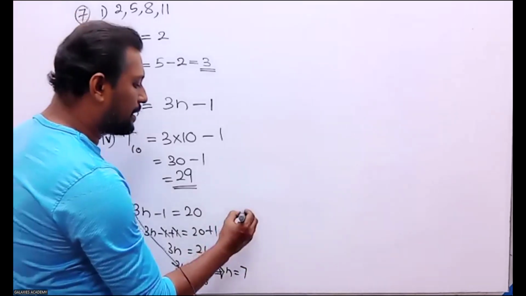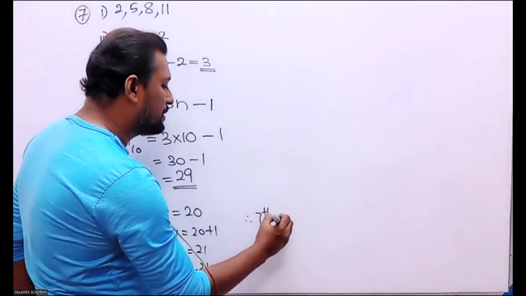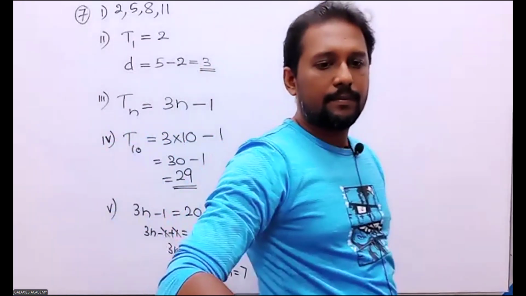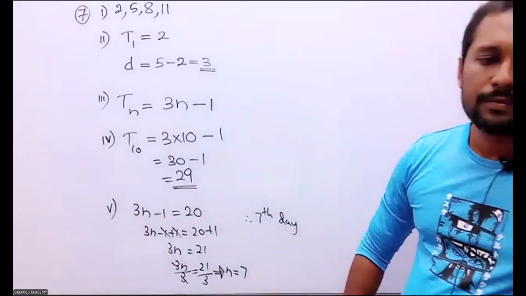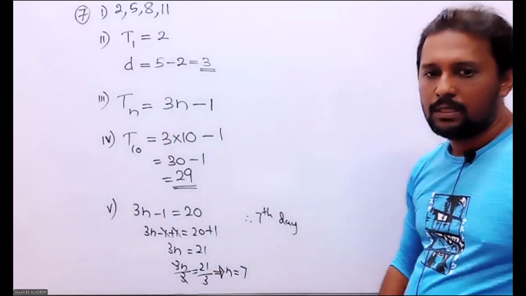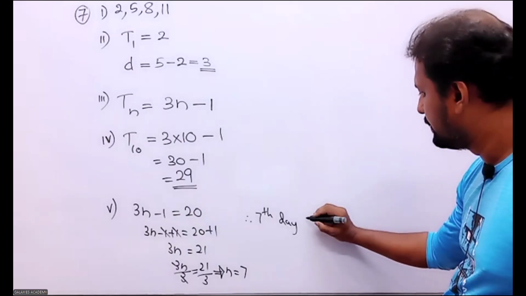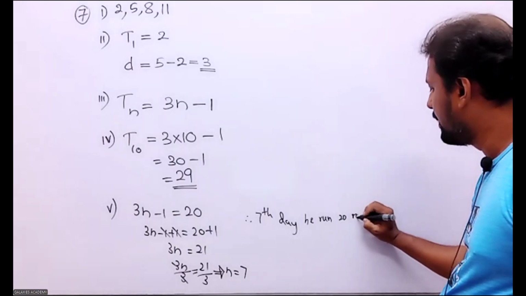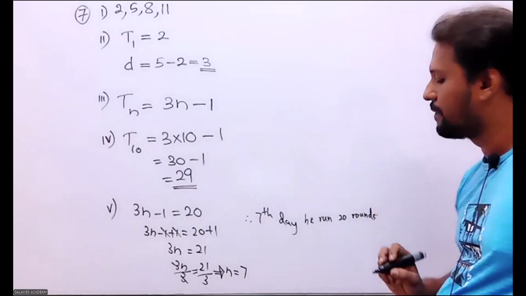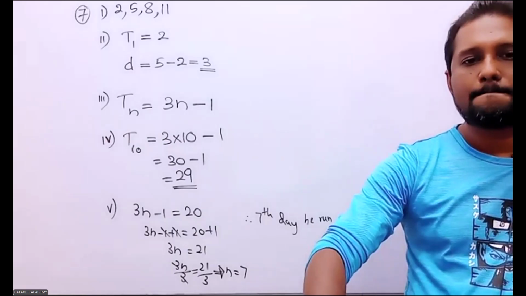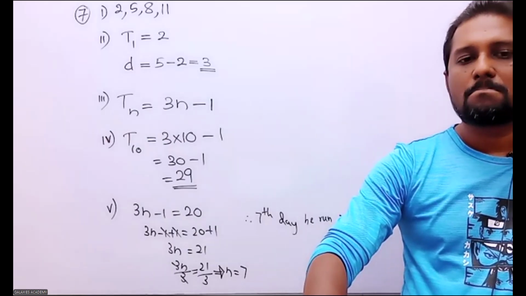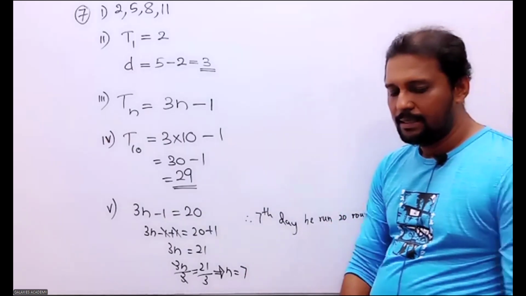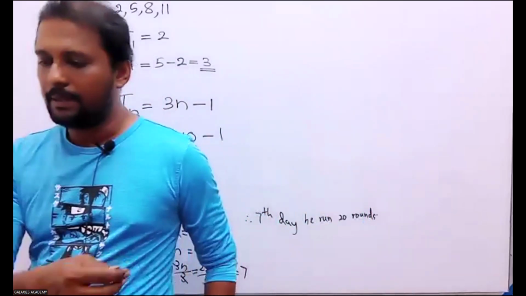Then finally you can write, on the seventh day he runs 20 rounds. Right? It is question number 7 of your paper.